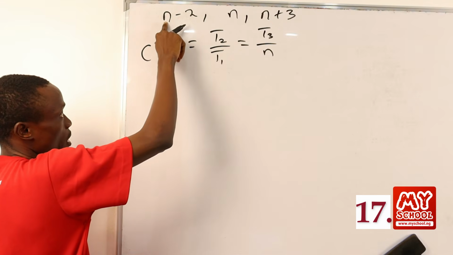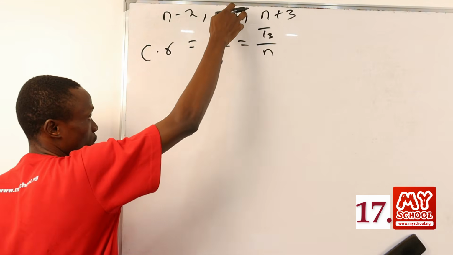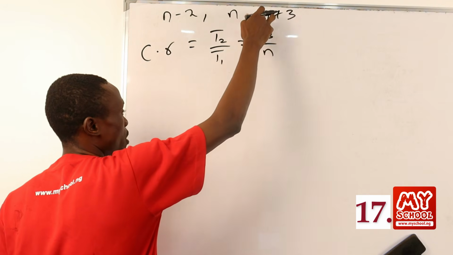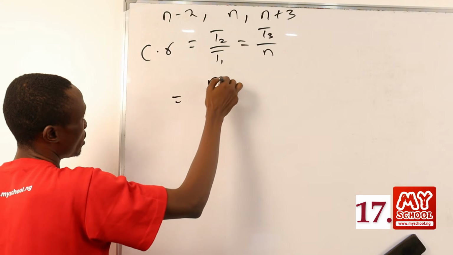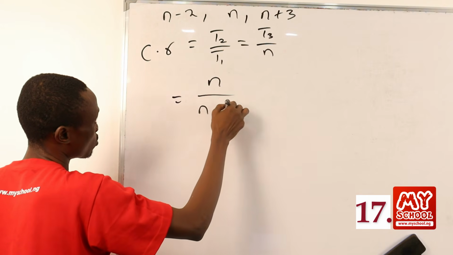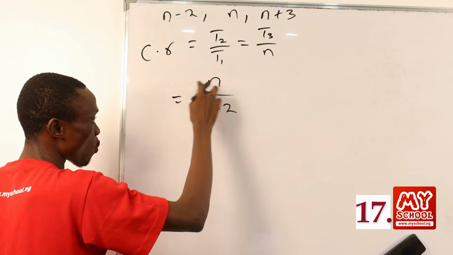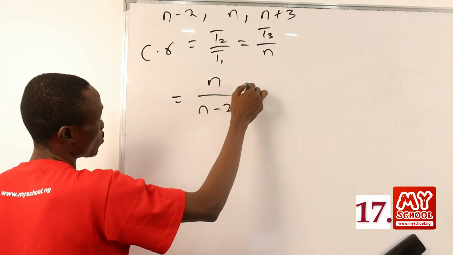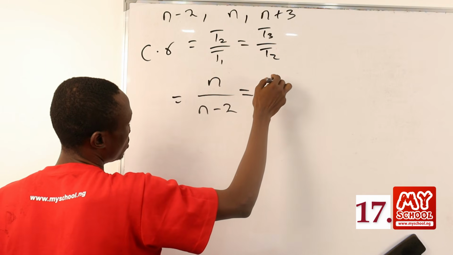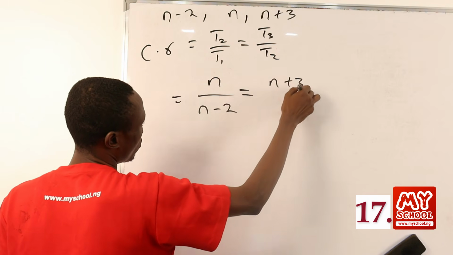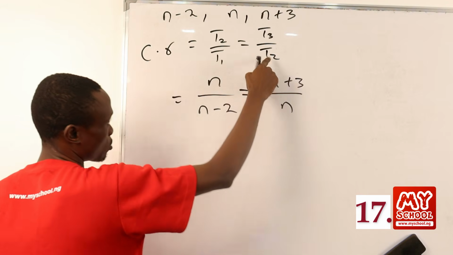The first term is n minus 2, the second is n, while the last is n plus 3. Okay, so here we just substitute. That is n over n minus 2 should be equals to, this is t3 over t2, sorry. So this will be n plus 3 all over n, for t2, right?